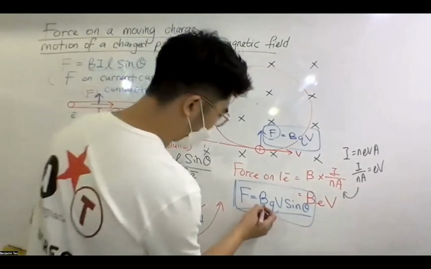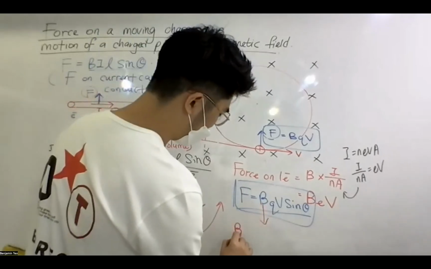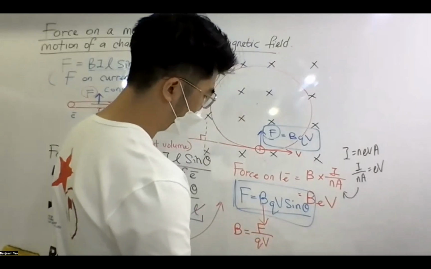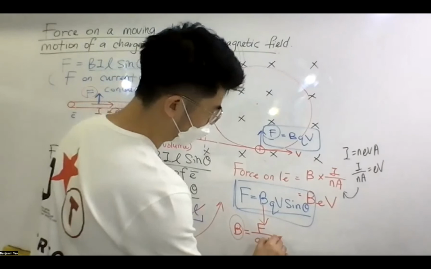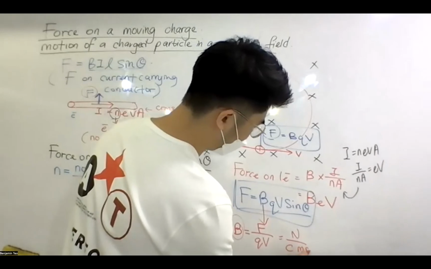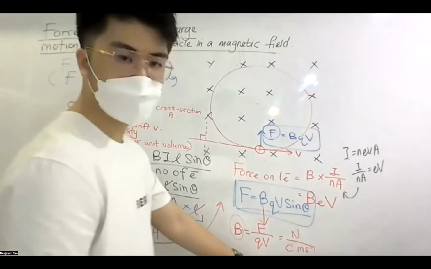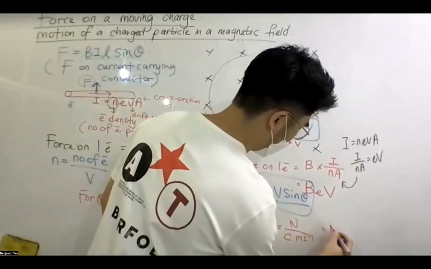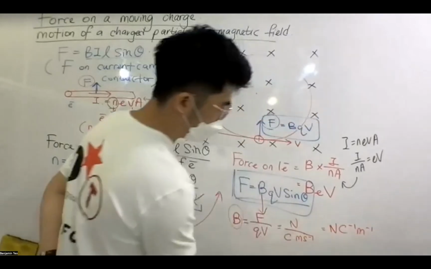What is the unit of this one? We make it F over QV. Magnetic flux density has a unit of Newton Coulomb minus 1 meters minus 1 seconds, so this becomes Newton, Coulomb minus 1, m minus 1.